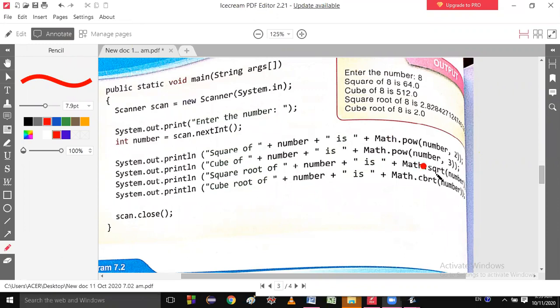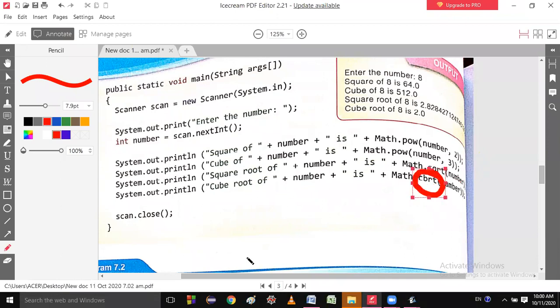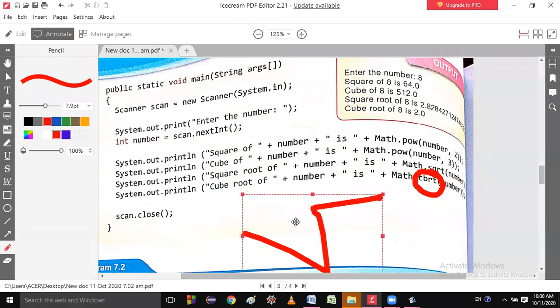Yes. Okay, Math.sqrt means square root. So if a user passes 4, then you will get answer 2. If a user passes 8, then you will get the answer 2 with cbrt. Is it clear? cbrt means cube root. Yes, this is cube root.